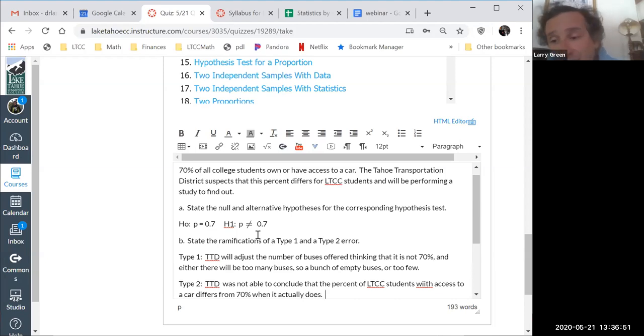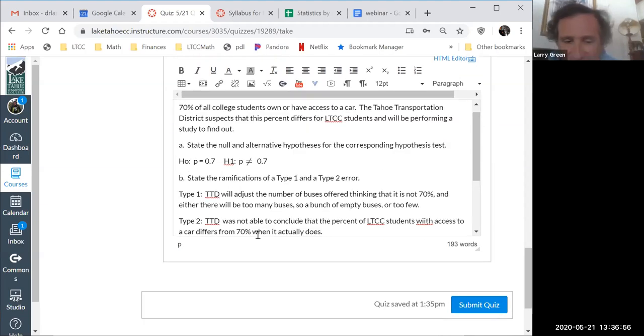Okay, now this is not the ramifications. The next sentence will be the ramifications, but I think it helps for you to see this sentence too.